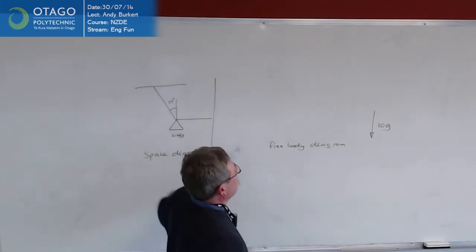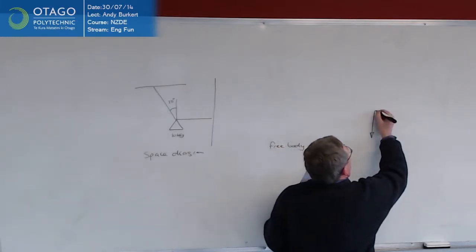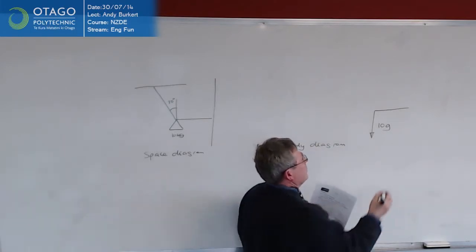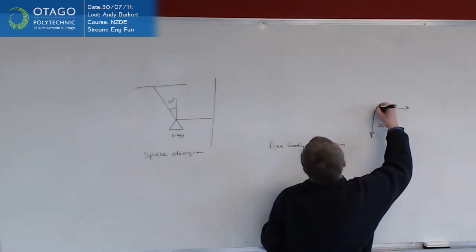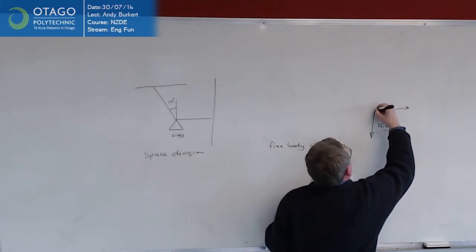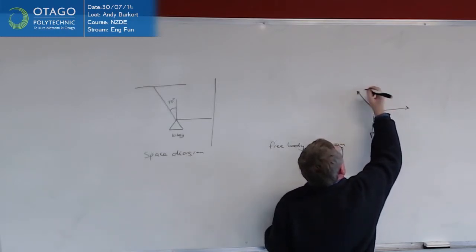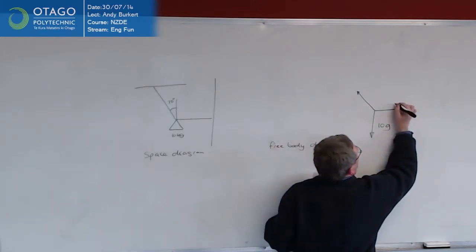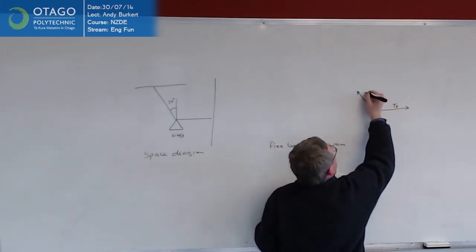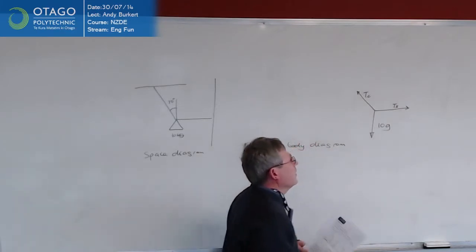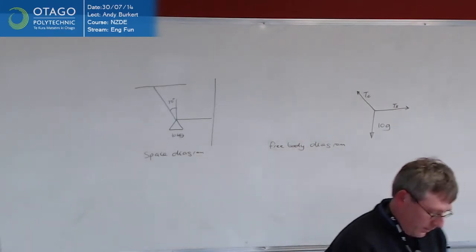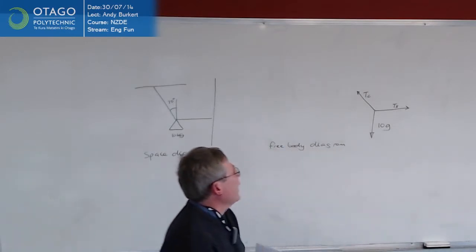We'll have a force that way and one acting like that. So we'll call this one TS and this one TC. So there's the force diagram, or the free body diagram, for that.